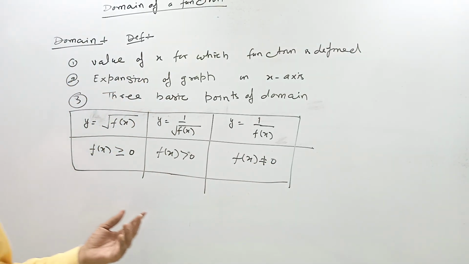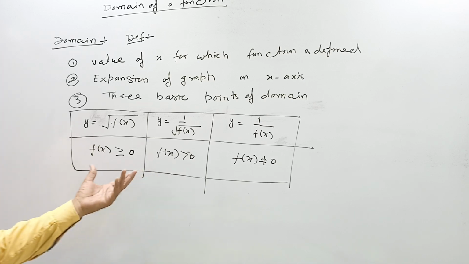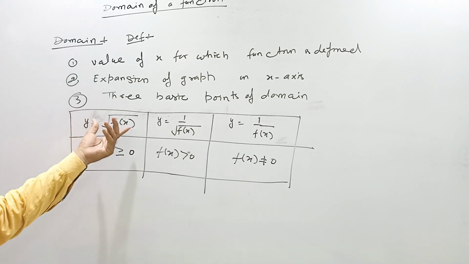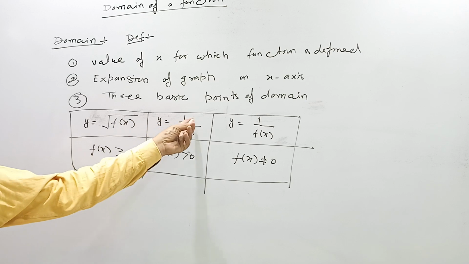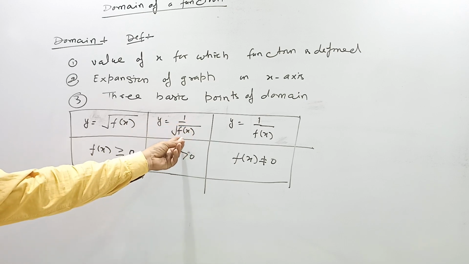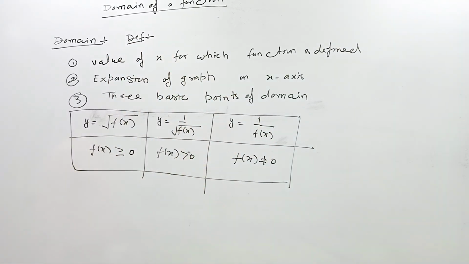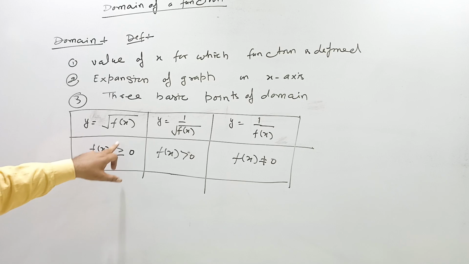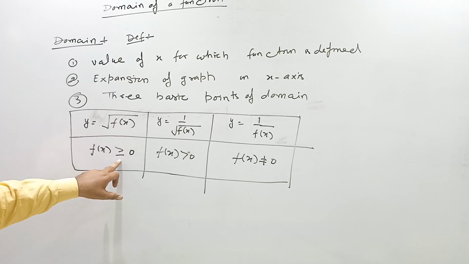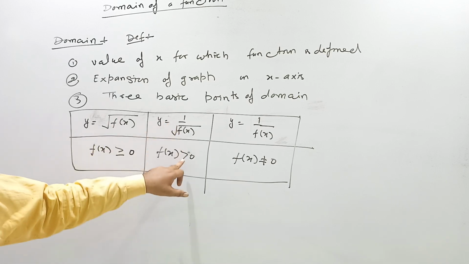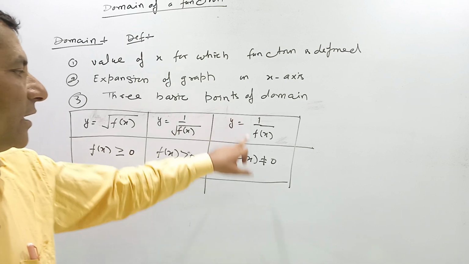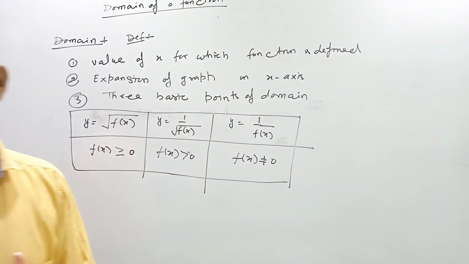These are the three major points you can find out if a function is under root, 1 upon root f(x), or 1 upon f(x). In this case, to find the domain of the function, f(x) should be greater than and equal to 0. Here greater than 0, here function is not equal to 0.